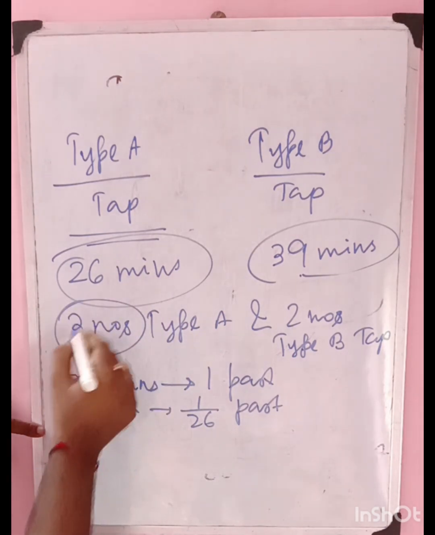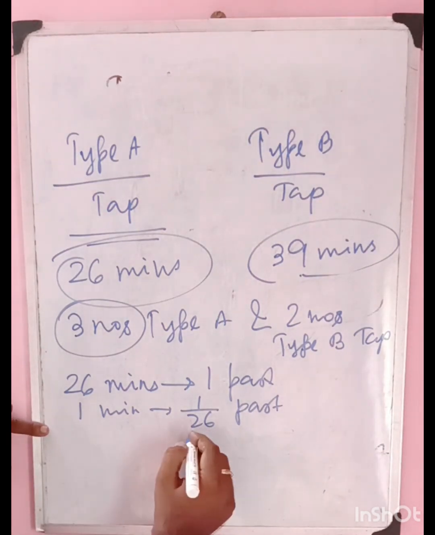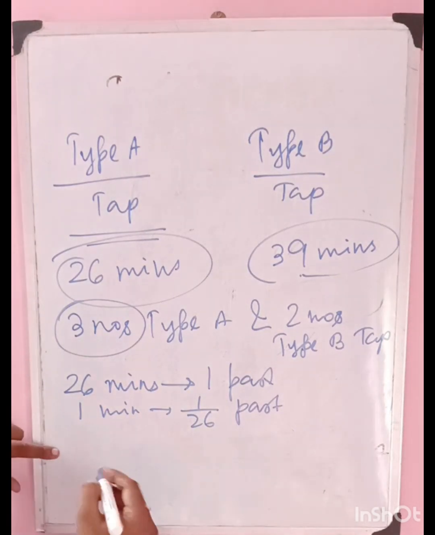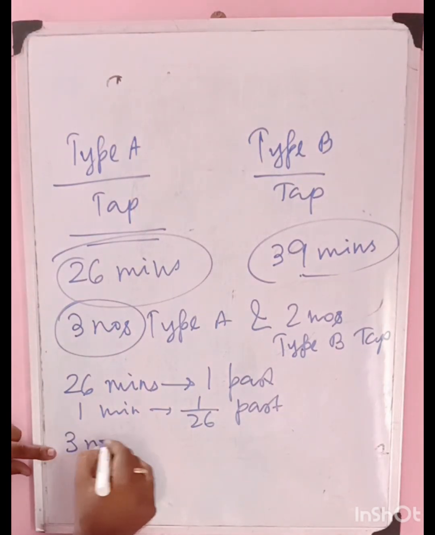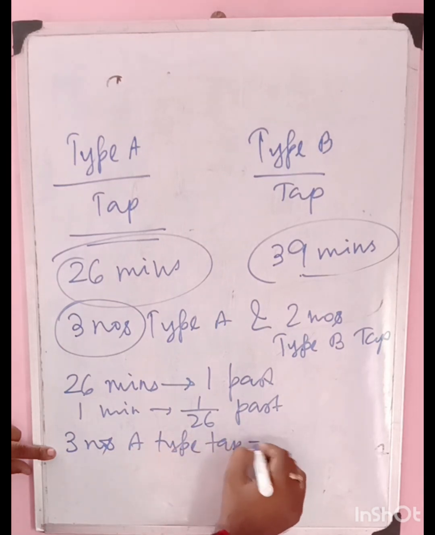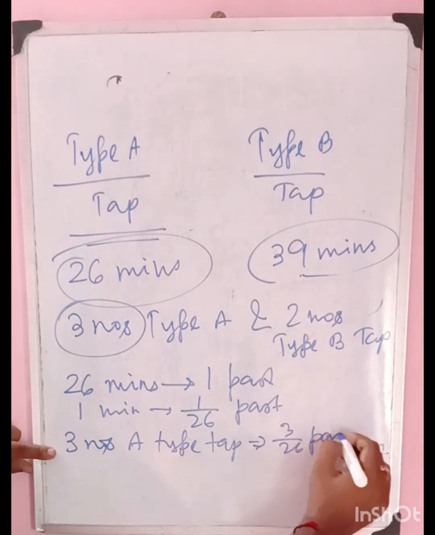So if 3 taps are operated together, then it will fill thrice the volume. So for 3 type A taps, it is 3 by 26 part in 1 minute. Clear?